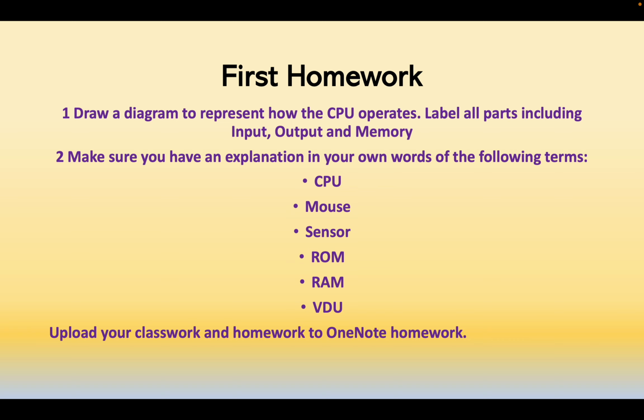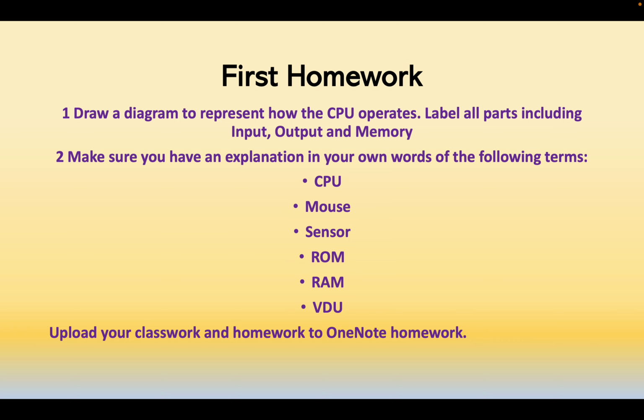Okay, so this here is your first piece of homework. This really should get done by the end of the week. So the first thing I need is a diagram that shows how the CPU operates. It should have arrows, and it should have labeling of different parts.